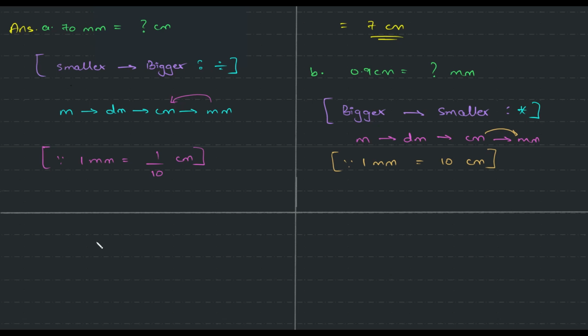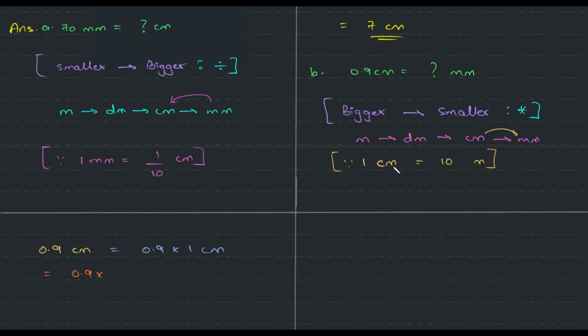So what we have here is 0.9 centimeter is equal to 0.9 into 1 centimeter. Oh sorry, my bad. We are converting centimeter to millimeter, my bad.